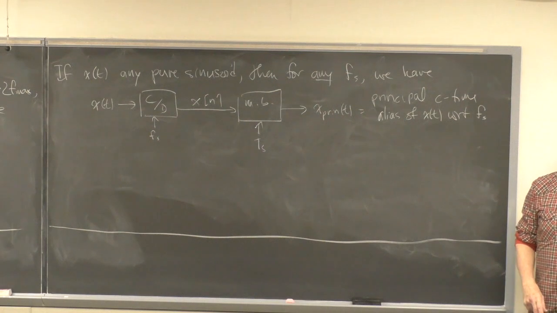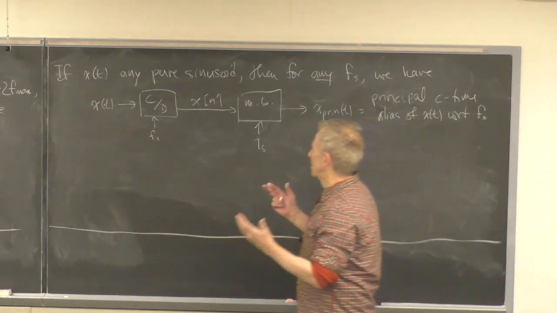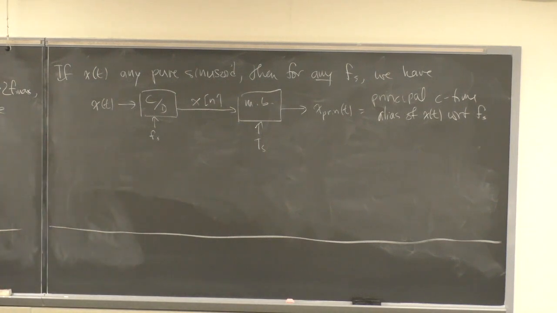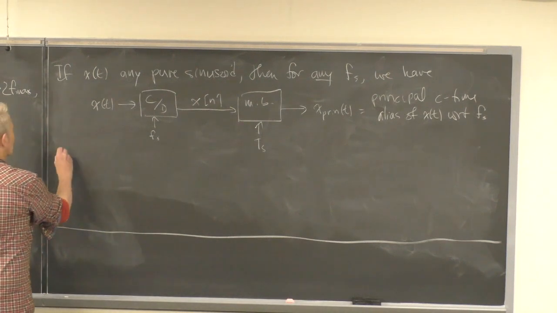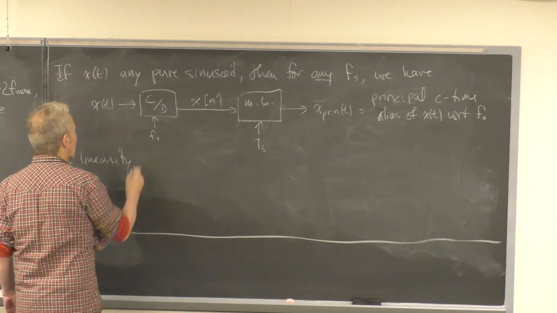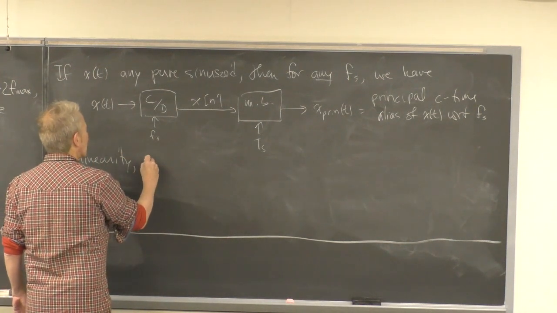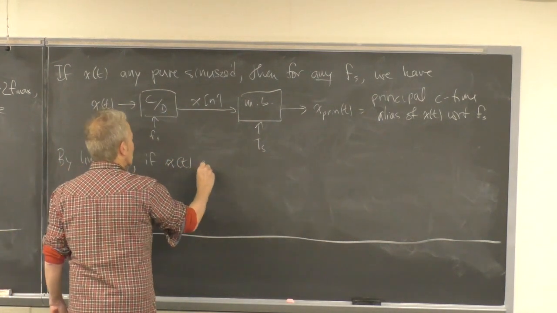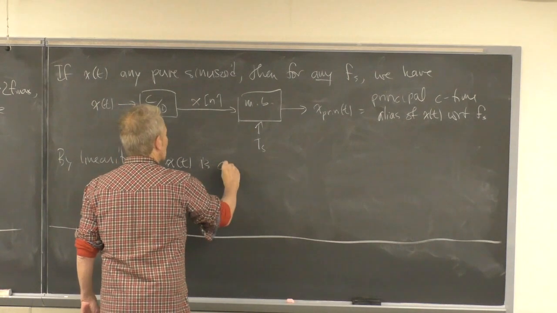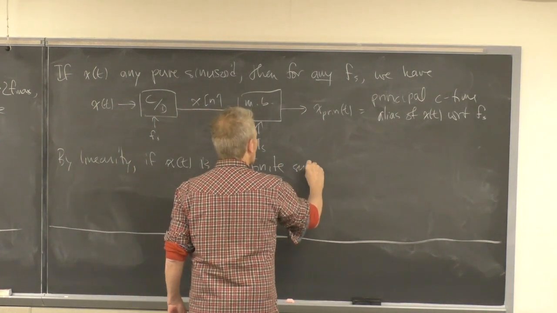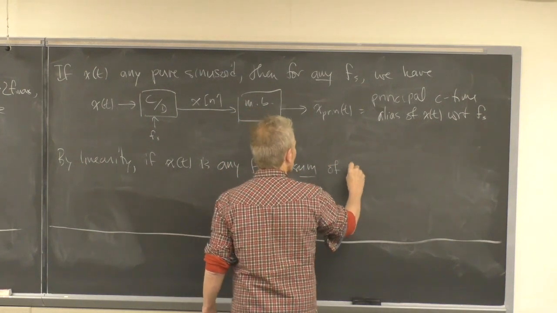Extending it by linearity, it turns out that the ideal C to D and the magic box are both linear. So by linearity, this last thing applies to any finite sum of pure sinusoids.